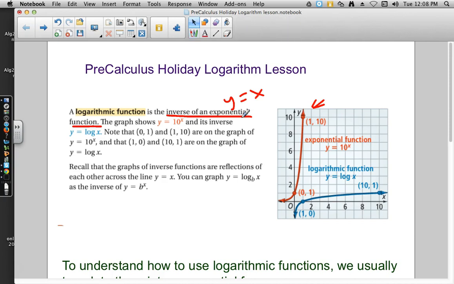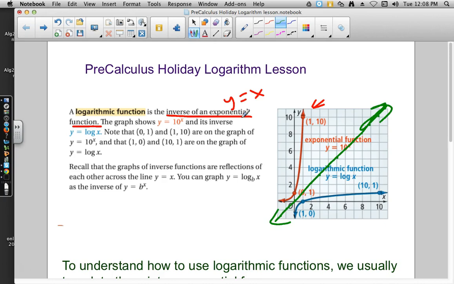And we can see how, if we put in that line y equals x, which is of course the perfect diagonal through the first and third quadrants, we would get a reflection over that line y equals x right there.